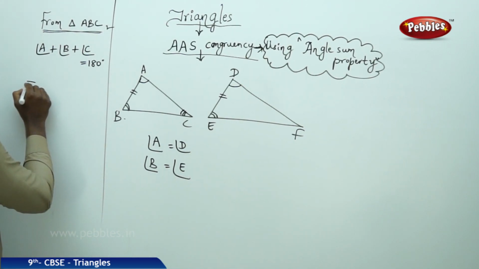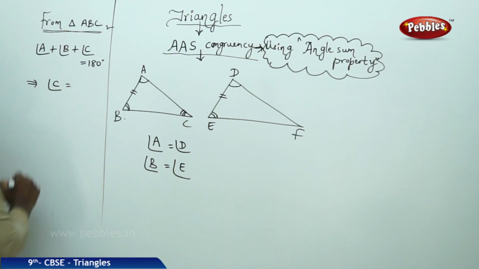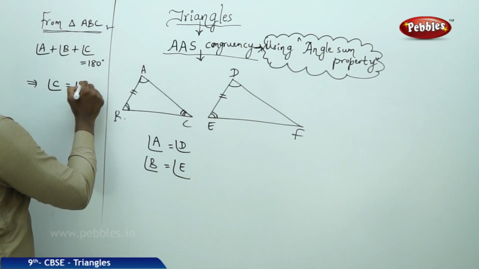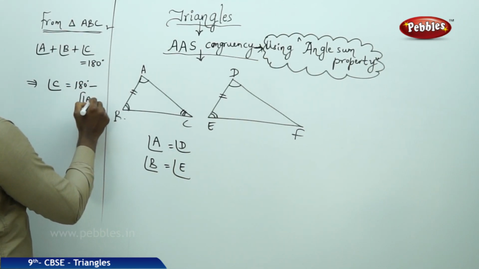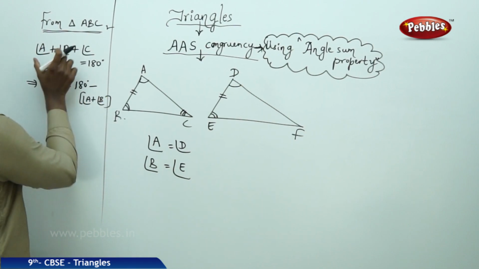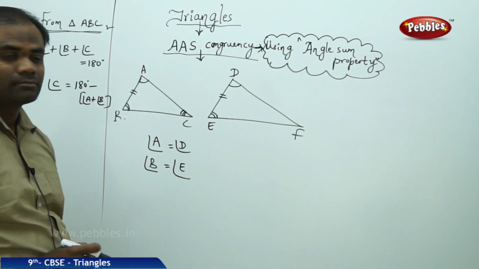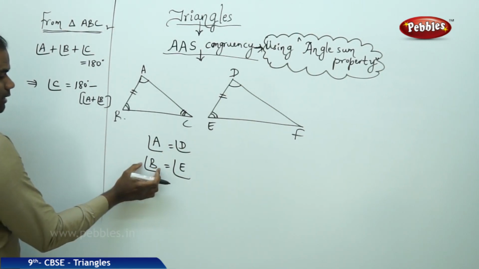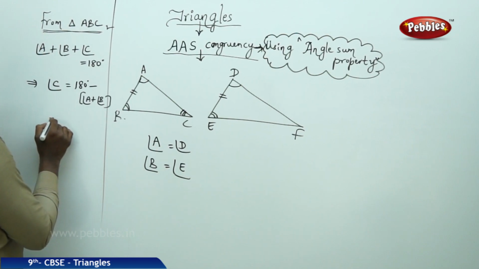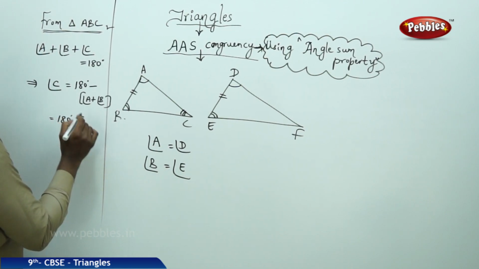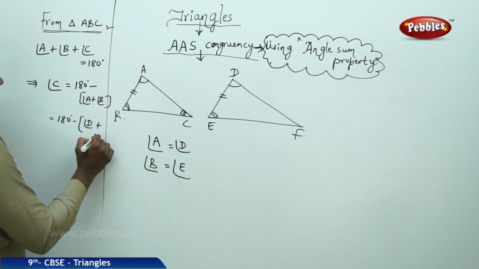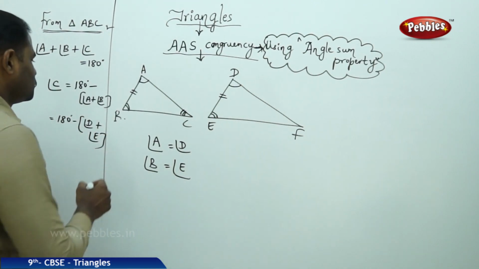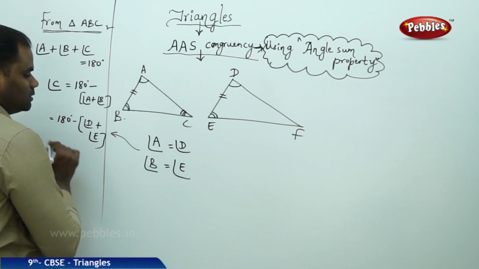In order to find angle C in terms of angle F, let me bring this to the form 180 minus (angle A plus angle B), with these two brought to the right. Now, angle A is equal to angle D and angle B is equal to angle E. Therefore, I can write this as angle D plus angle E, substituted through this.